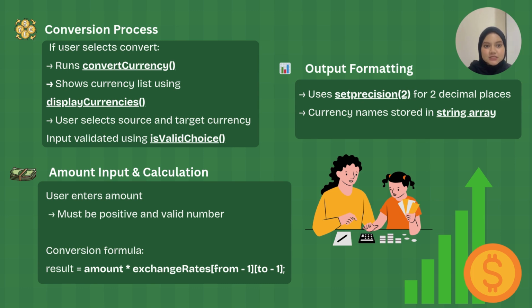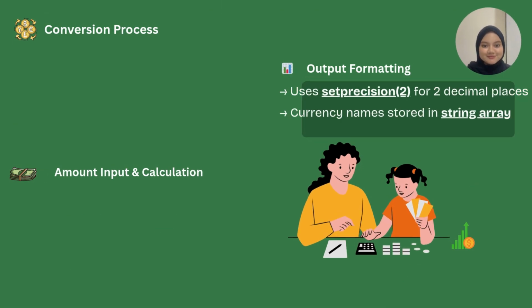This multiplies the amount by the correct rate based on the source and the target currency. The currency names are stored in a string array and the output is formatted using set precision 2 to display two decimal places. So that's all from me.